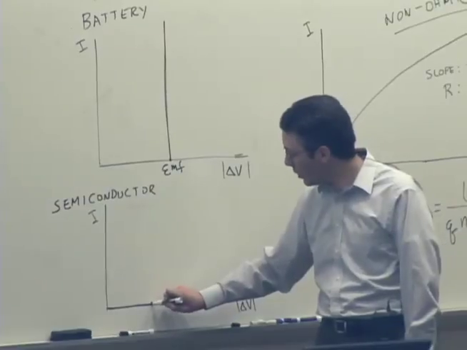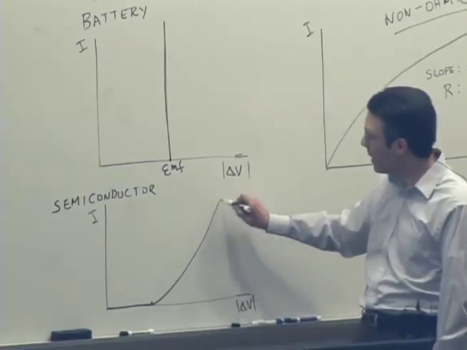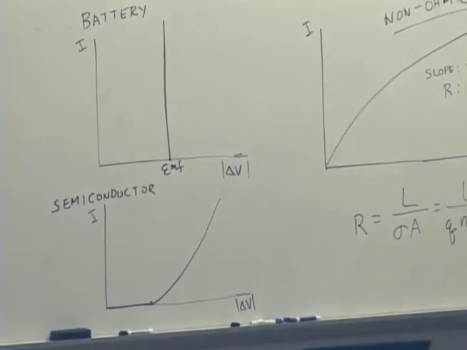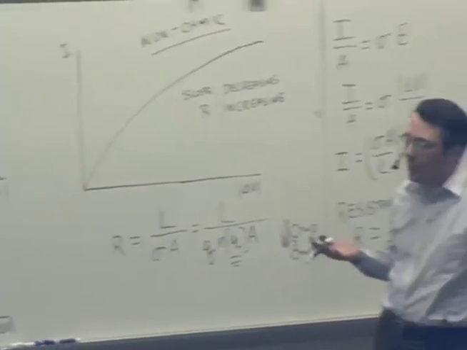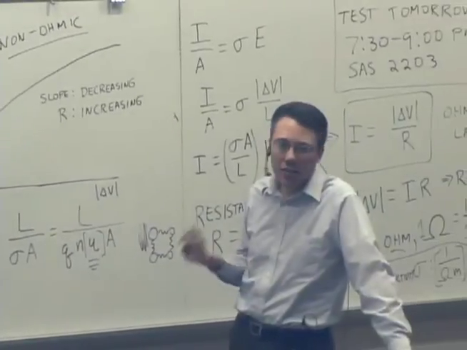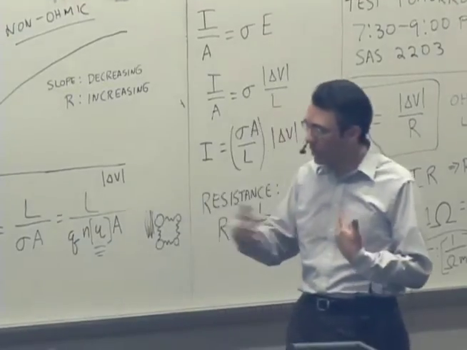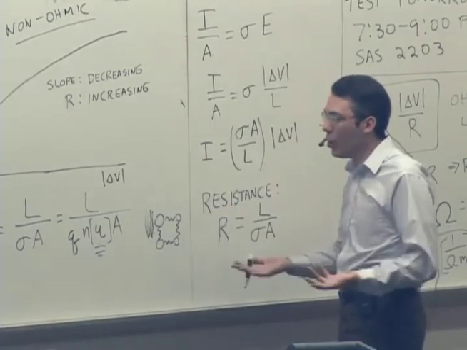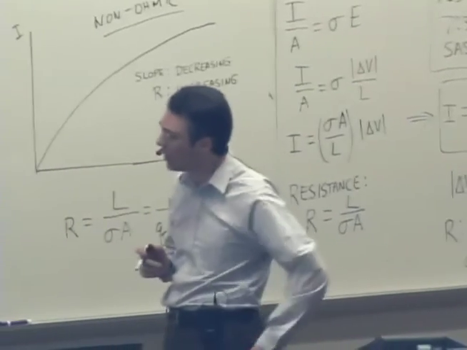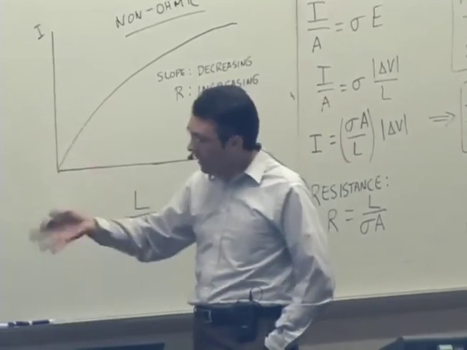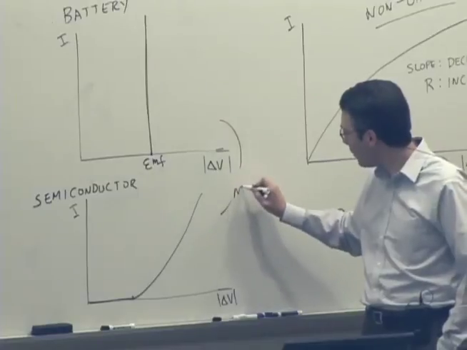And then you reach some sort of threshold, some critical point, where suddenly you start to get a current, okay? And that's a case where what we talked about earlier, the number of available mobile charges, actually changes. You reach a critical point where the electric field becomes large enough to free up mobile charges, and they may be electrons or they may be other things, and we'll talk about that later as well, and you can get a current to flow. So these are other examples of non-ohmic behavior.